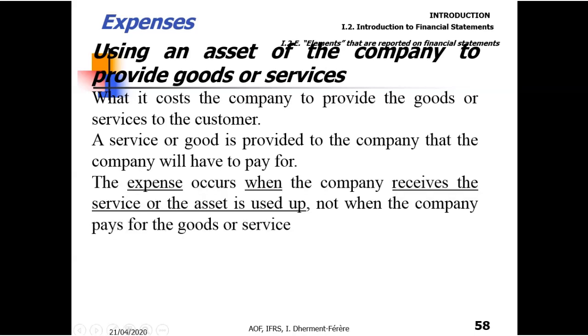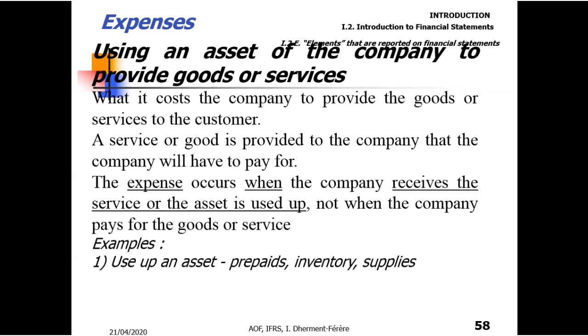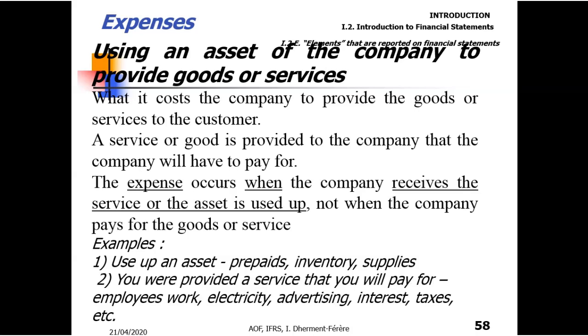The expense occurs when the company receives the service or the asset is used up, not when the company pays for the goods or service. For example, use up an asset: prepaid, inventory, supplies. You were provided a service that you will pay for: employees' work, electricity, advertising, interest, taxes, etc.